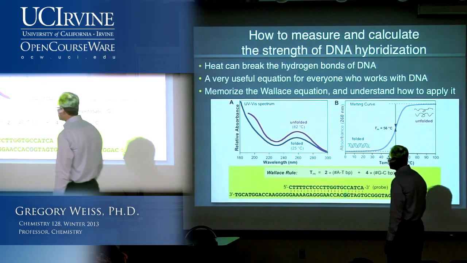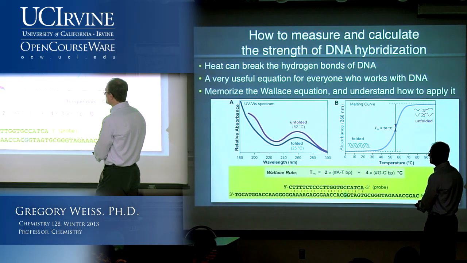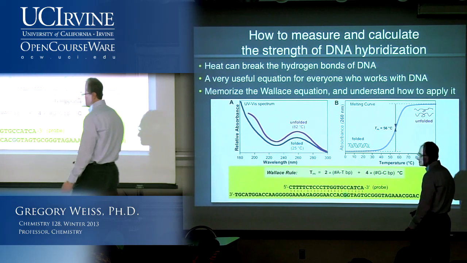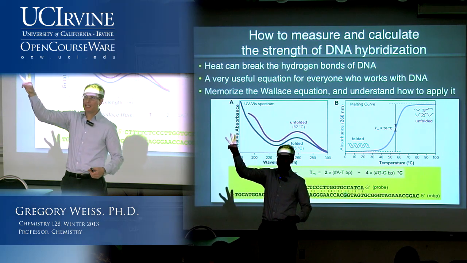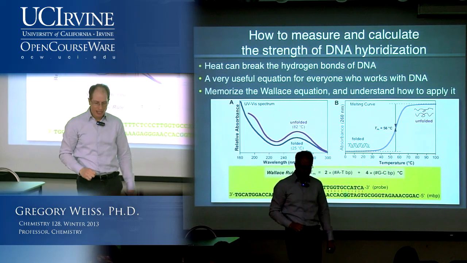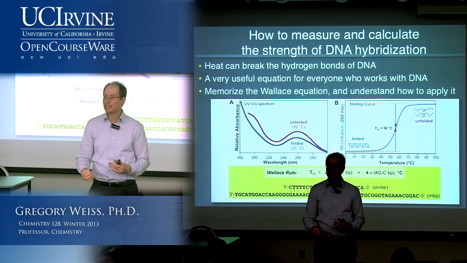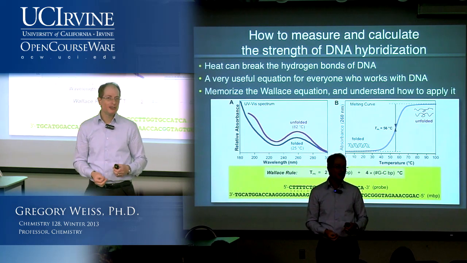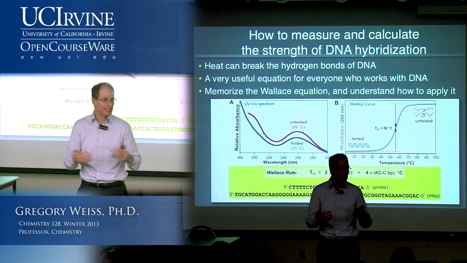So last time I was showing you that DNA likes to form Watson-Crick base pairing. This is C's binding to G's, A's binding to T's. And we saw that GC Watson-Crick base pairs have 3 hydrogen bonds, and ATs only have 2. Now, if we know that AT base pairs are weaker than GCs, there's a very simple rule that we can use to estimate the strength of any 2 DNA strands sticking together.